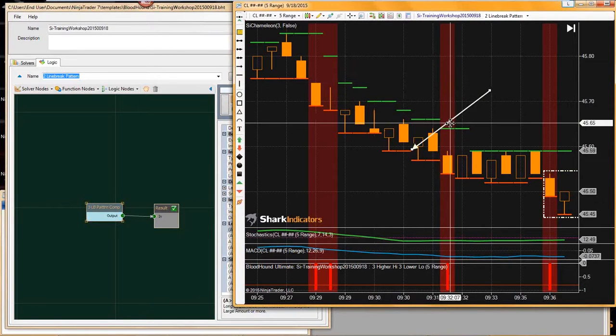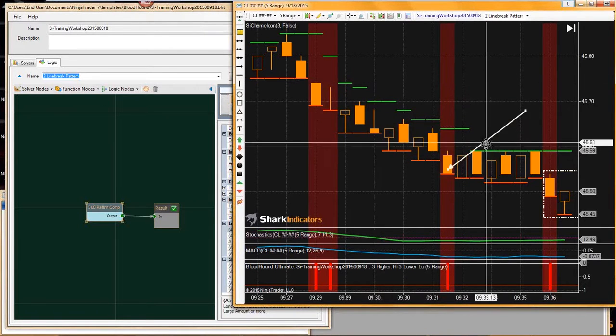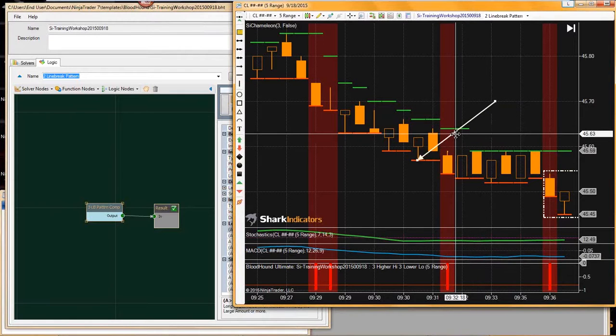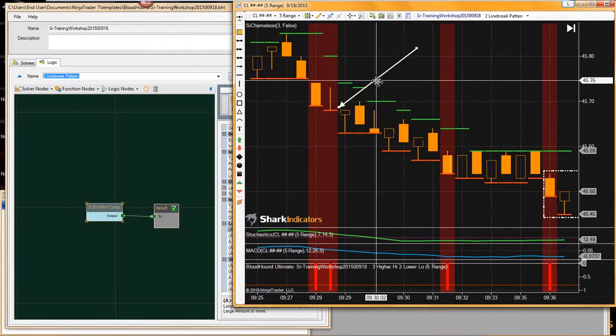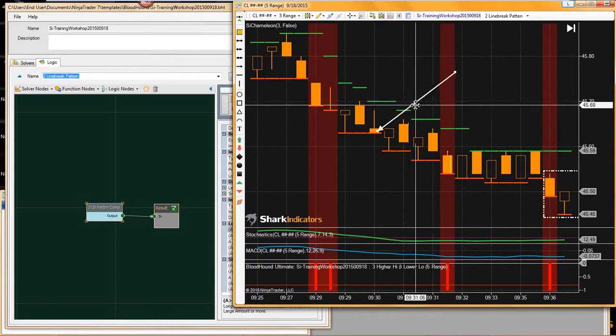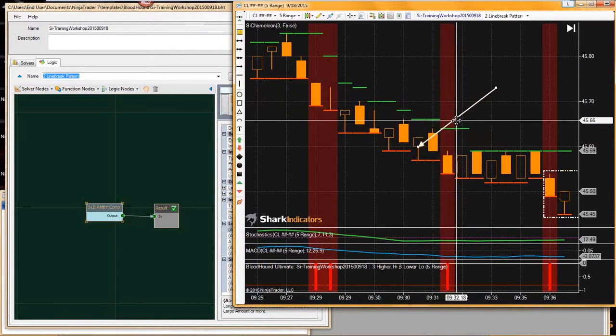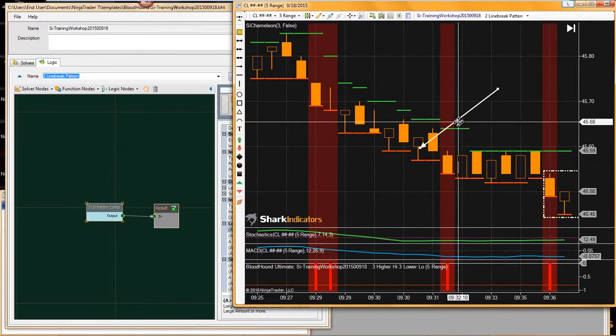So like right here, that's the closing price at the tip of the arrow, and it did break the last 3. But all back here, if you look, the closing price is not breaking the lowest lows.